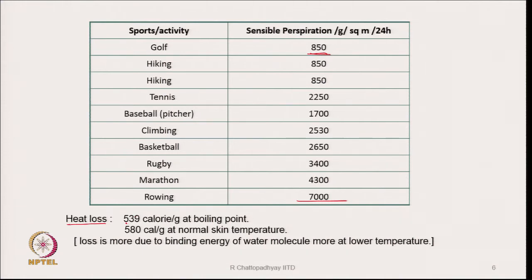The amount of heat that it needs for transforming liquid into vapor is 539 calories per gram at boiling point. But near the skin temperature, it will need 580 calories per gram. So, at normal skin temperature, when 1 gram of liquid sweat is evaporated, it will take away 580 calories of heat from the body.